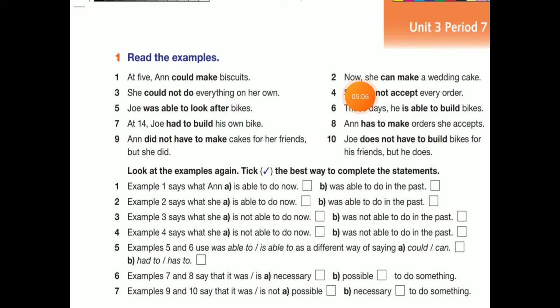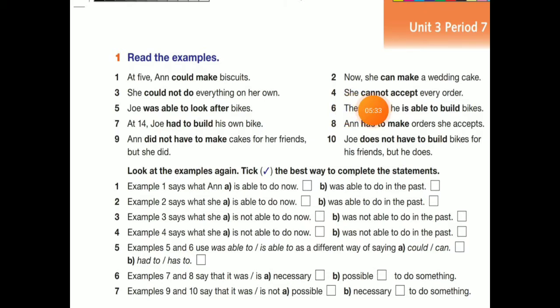Number 2, now she can make a wedding cake. في الحاضر she is able to make a wedding cake. هي تستطيع أن تصنع الكيك لحفلات الزواج. Number 3, she couldn't do everything on her own. لم تستطع أن تفعل كل شيء بنفسها في الماضي. She wasn't able to do everything on her own.